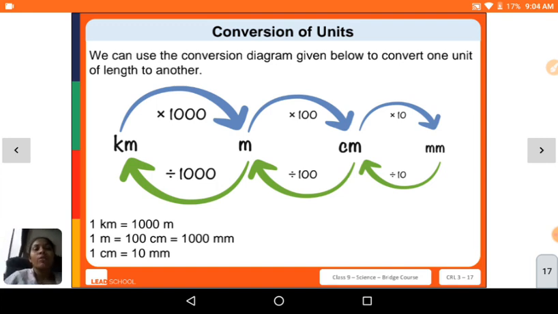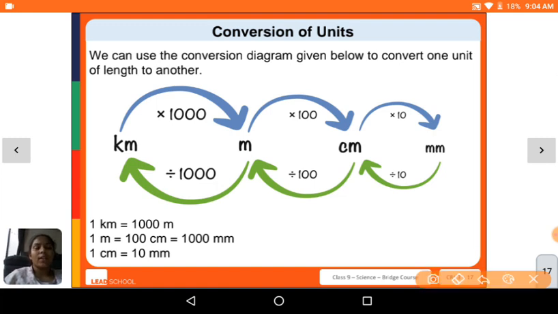If we want to convert kilometer into meter, we multiply kilometer by 1000, then we get meter. If we convert meter into centimeter, then we multiply meter by 100, so we get centimeter. If we convert centimeter into millimeter, we multiply it by 10, so we get mm.